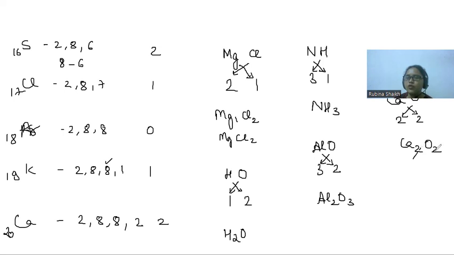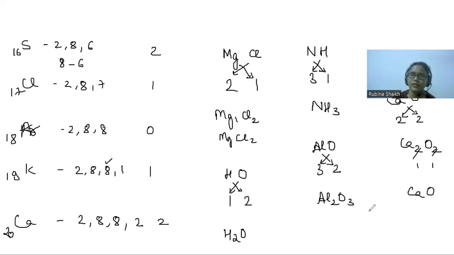If 2 and 2 can be cut to simplify, you will get Ca1O1, that is CaO, calcium oxide. So this way, with the help of valencies, we can write the simplified formulae of compounds.